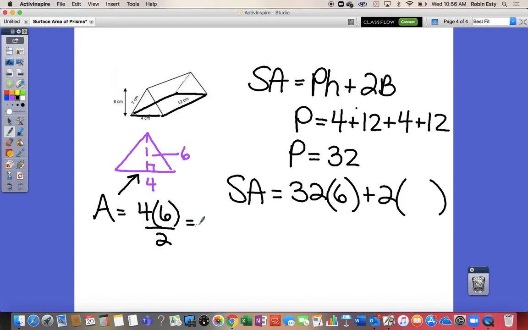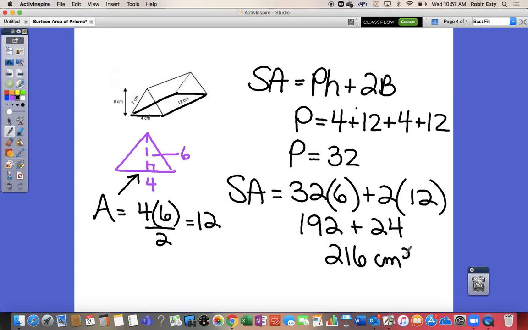So that would give me 12, and I put that there. So 32 times 6 is 192 plus 24 is 216, and the unit is centimeters squared for that. Okay, so that's how you find the surface area of a prism.